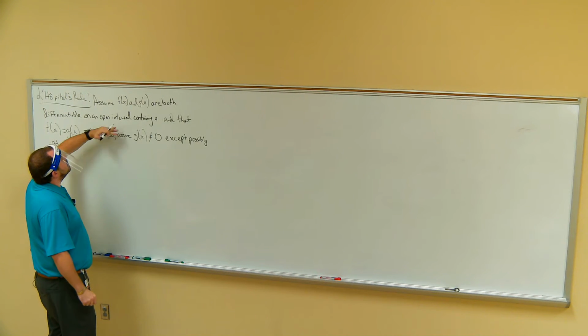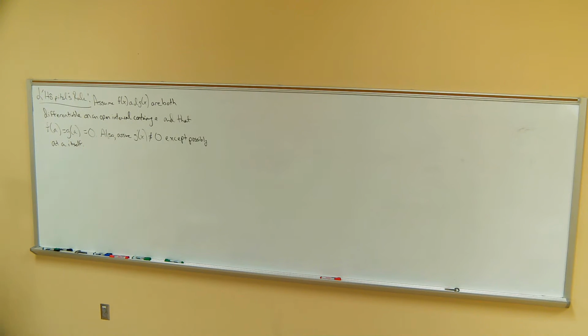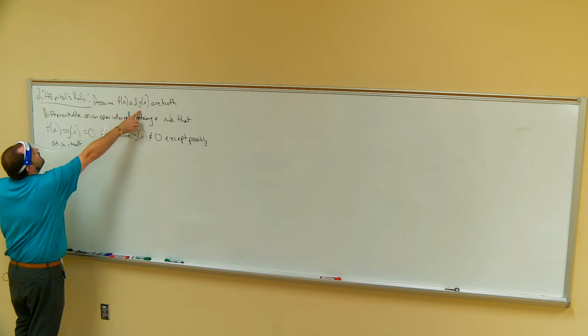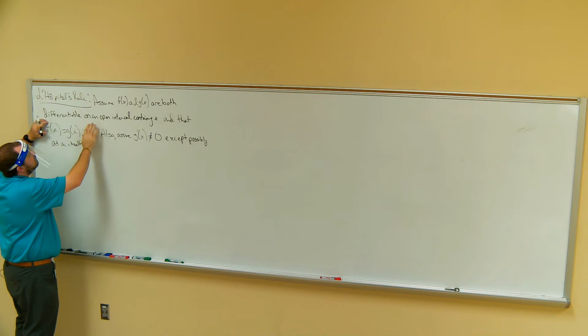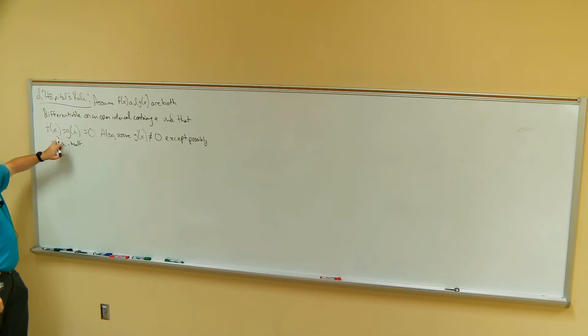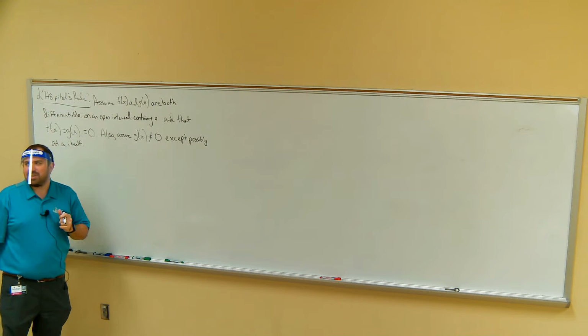So you have to check these assumptions before you can use L'Hopital's rule. The big things you have to check are that both the numerator and denominator, f of x and g of x, are differentiable around our point a, and that you have 0 over 0. You have to check that before you can use L'Hopital's rule.